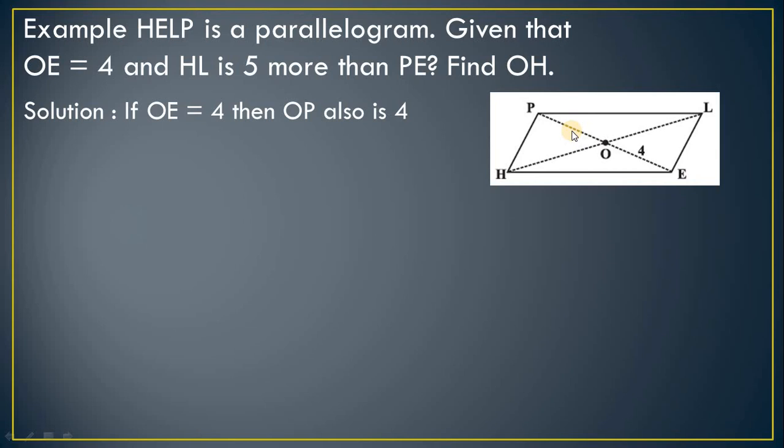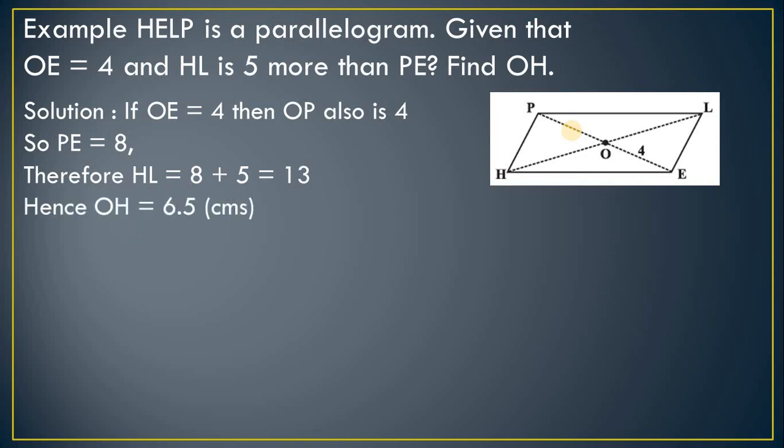It means the length of PE is equal to 8, and HL is 5 more than PE, so 8 plus 5 is 13. As it is 13, OH will be half of that. So 13 will be divided into equal parts, so definitely HO will be 6.5 and OL will also be 6.5.